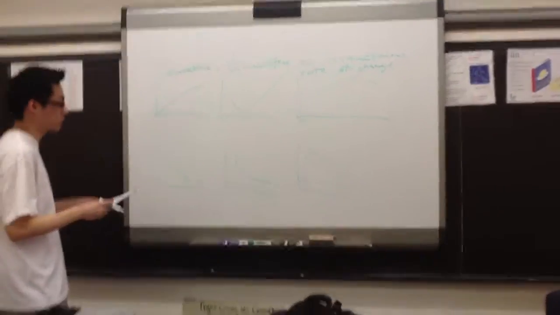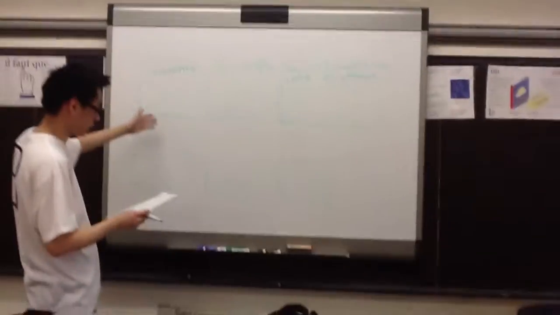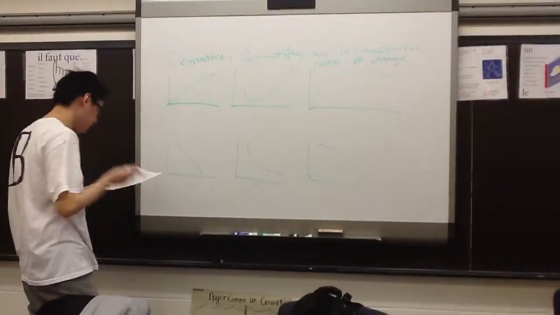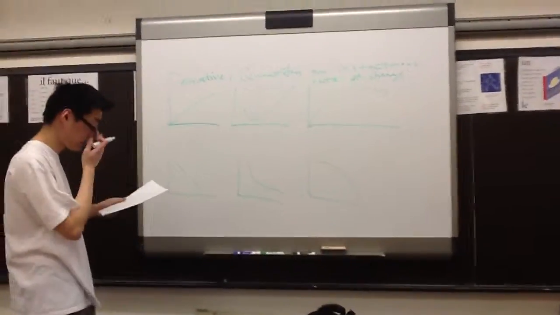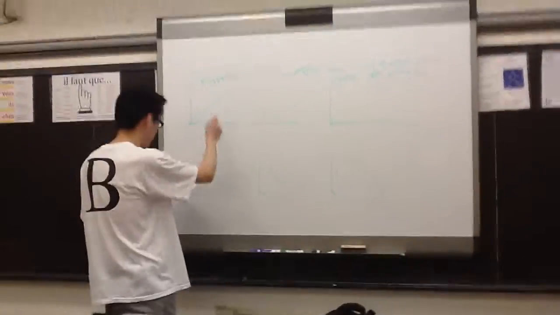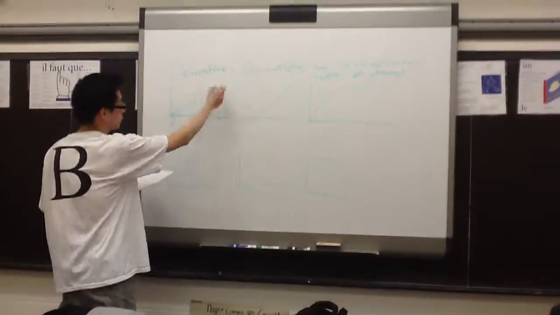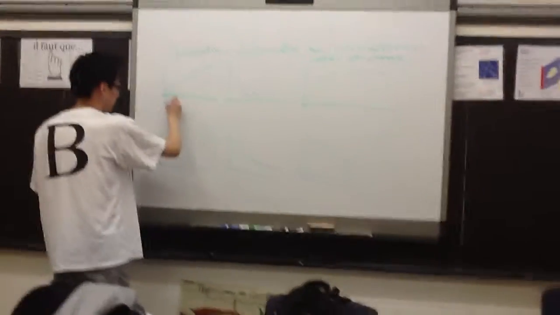Okay, these 6 graphs are different. This is a constant line. Okay, these are all position graphs. So we look at this graph. The position increased, right? Increased.